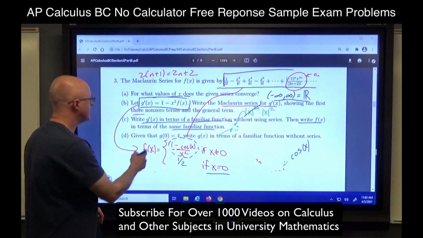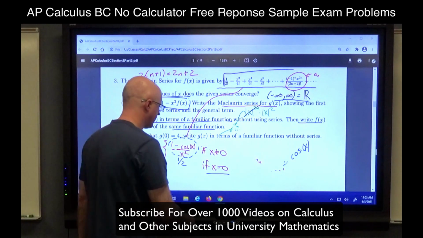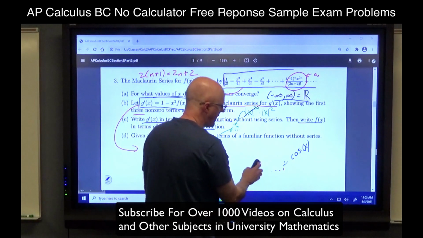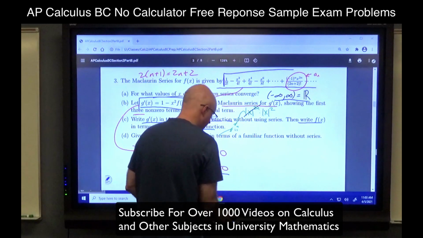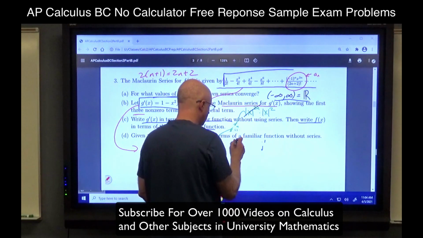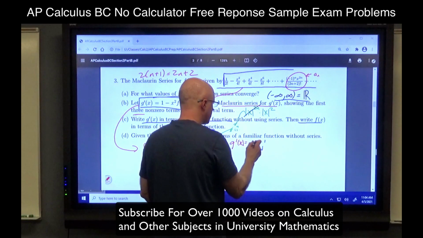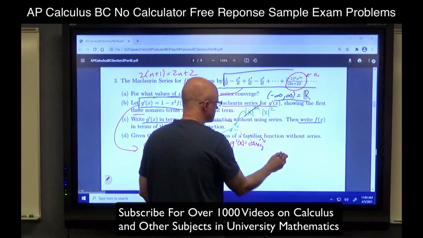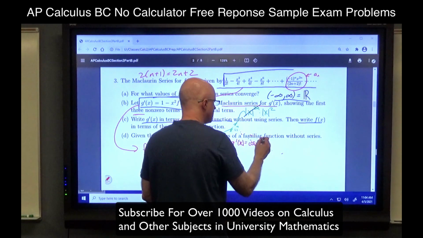Part D, given that g of 0 is 4, write g of x in terms of a familiar function without series. Well, g prime is cosine of x. So to find g of x, I need to integrate. That's an x there. Maybe I should somehow mark this as the spot where things go bad.